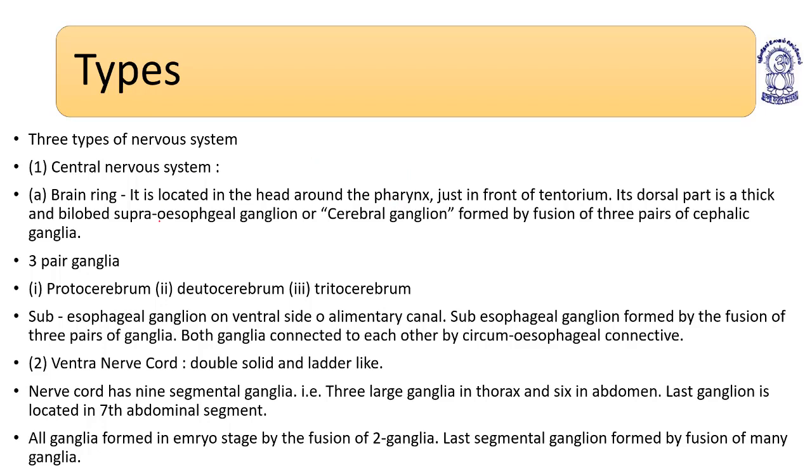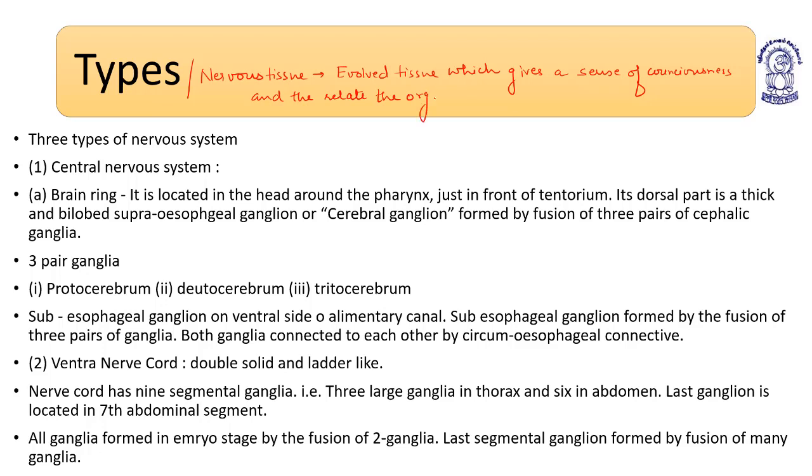Nervous system is simply a highly evolved tissue, nervous tissue, which gives a sense of consciousness and relates the organism to its environment.